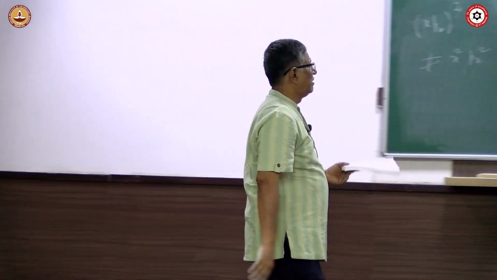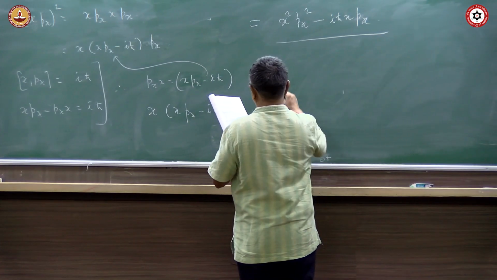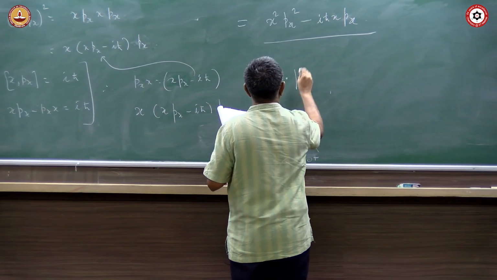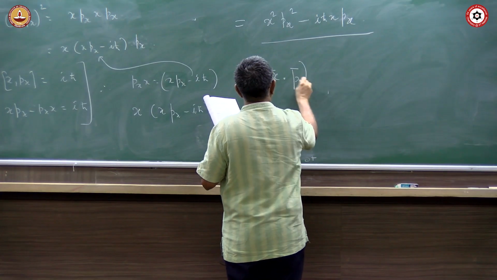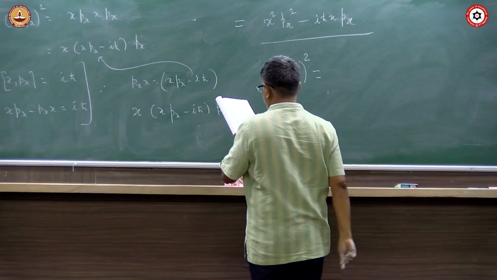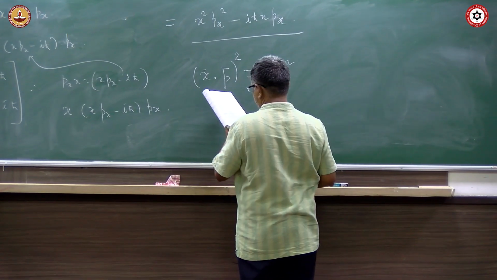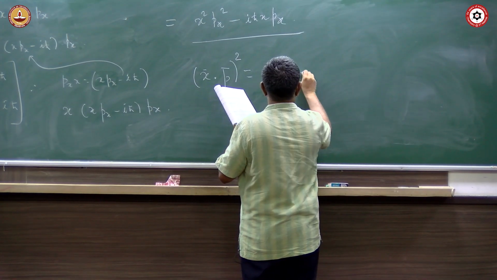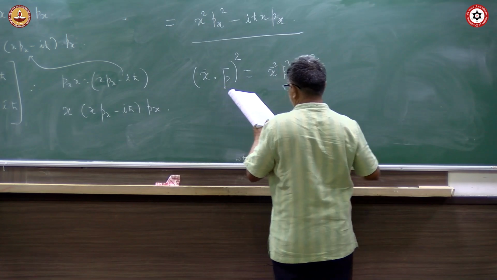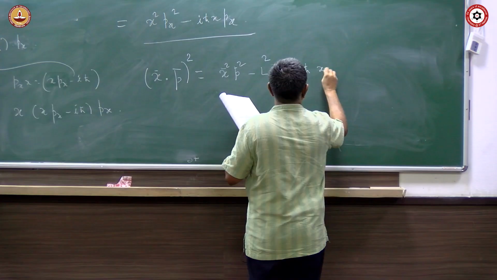So if you are thorough with this, then I write this (x dot p) square equal to x square p square, again these are all vectors, minus L square plus iħ x dot p.